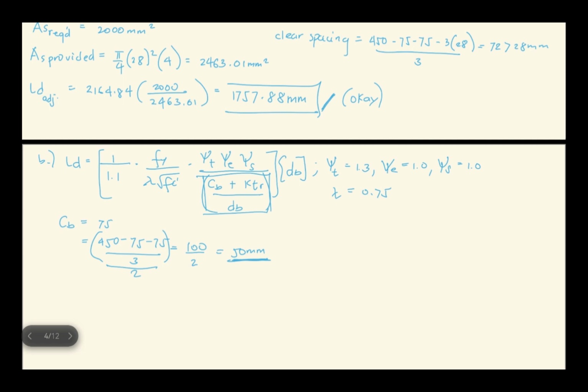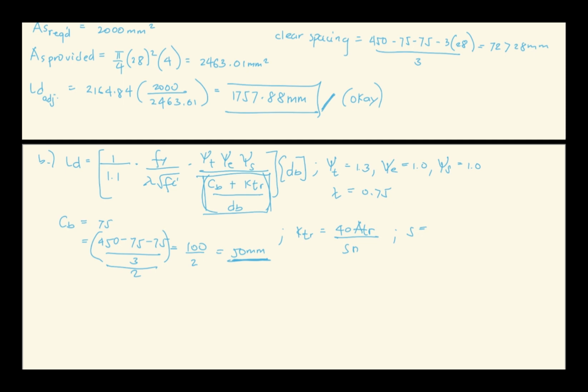But first we have to determine KTR. This is equal to 40 ATR over SN.